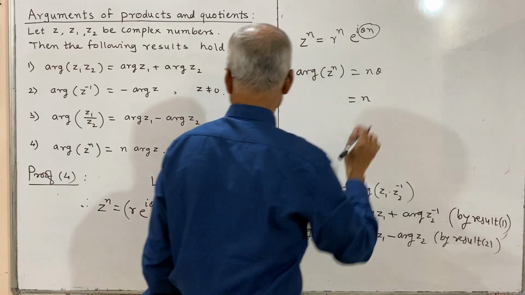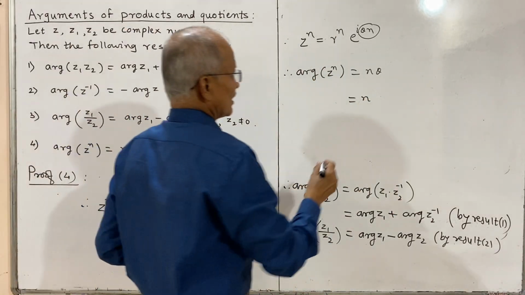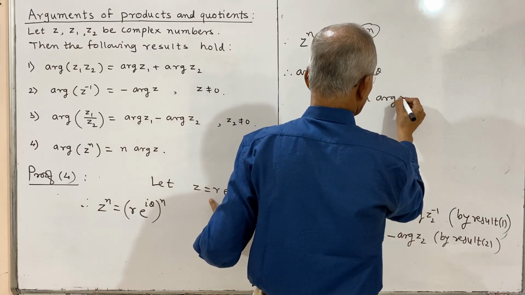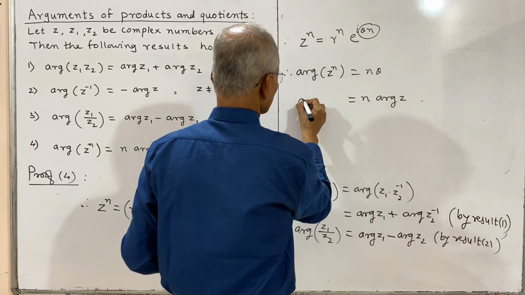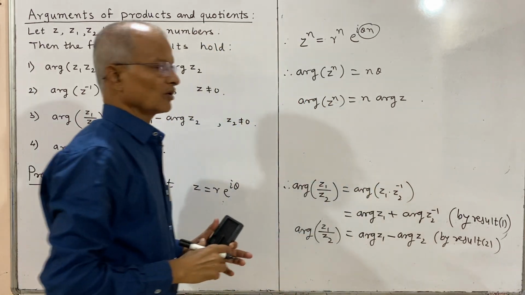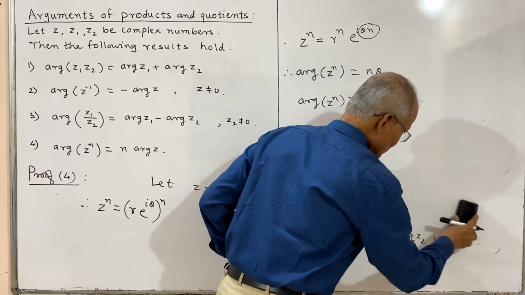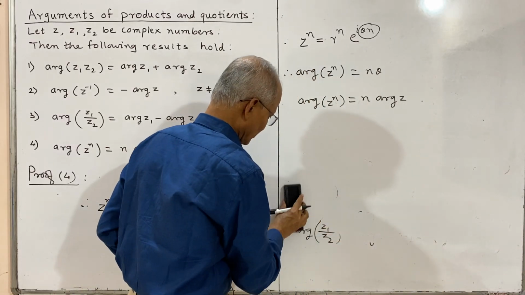And what is theta? Theta is the argument of z. Thus argument z power n is equal to n into argument z. So thus we have proved all the four results for the general argument.